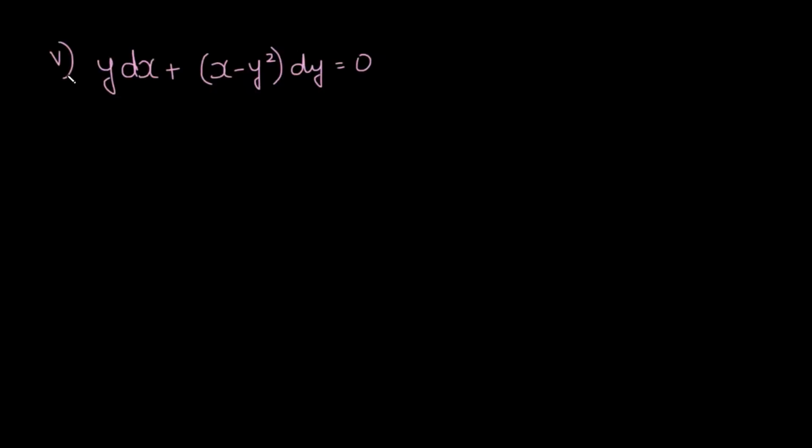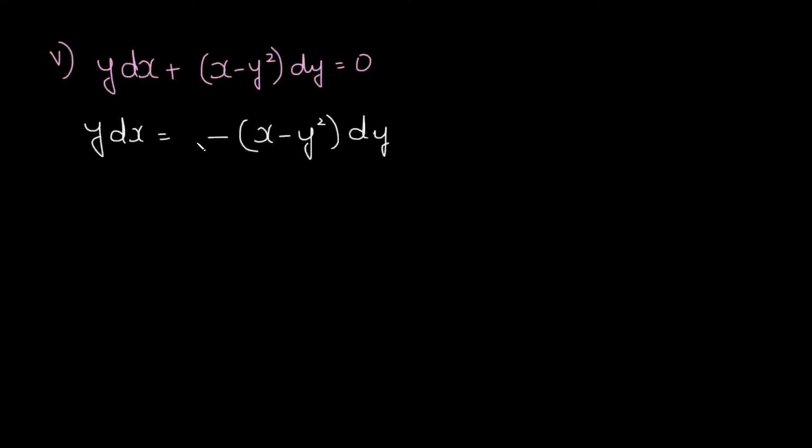Now look at question number 5. It is y dx plus x minus y square dy is equal to 0. So we write this as y dx is equal to minus x minus y square dy.